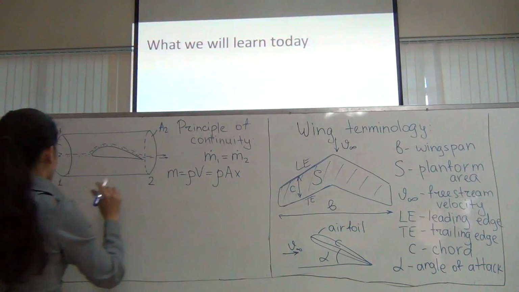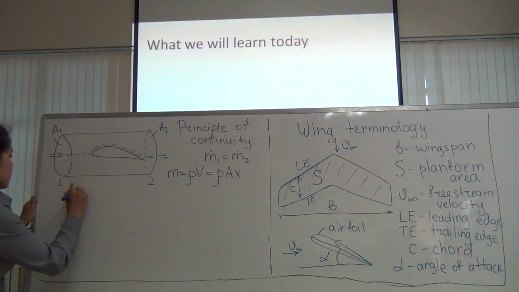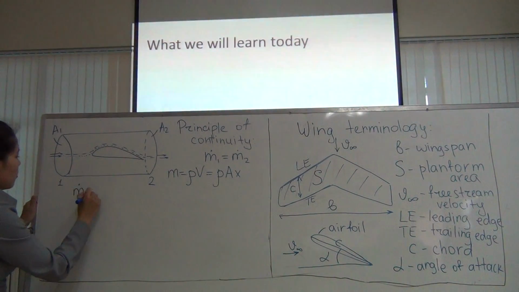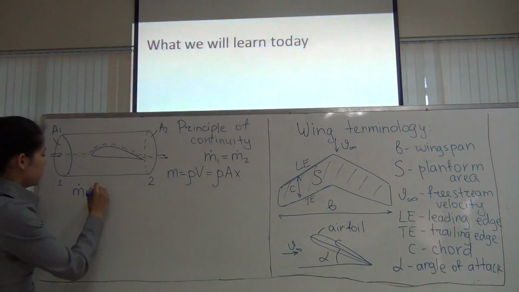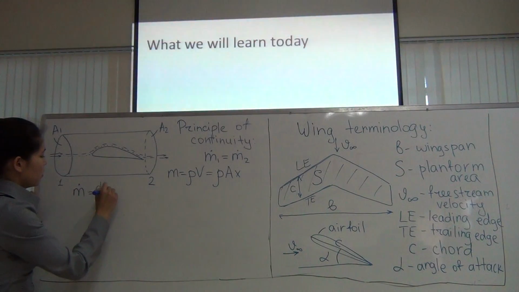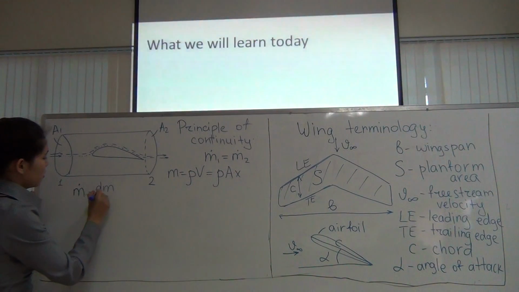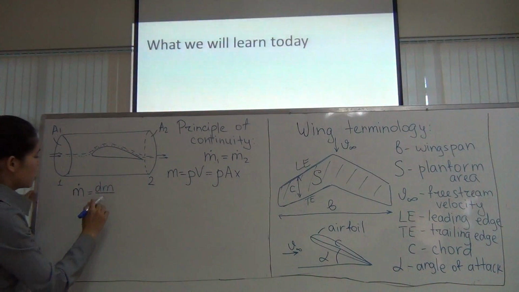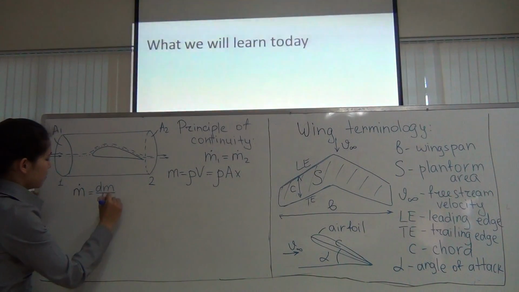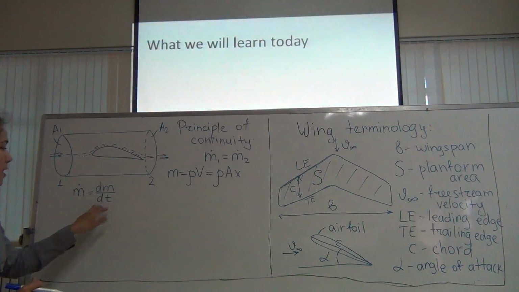Let's write it down as m dot equals derivative of mass flow, how much mass enters the wind tunnel, by time in 1 second.